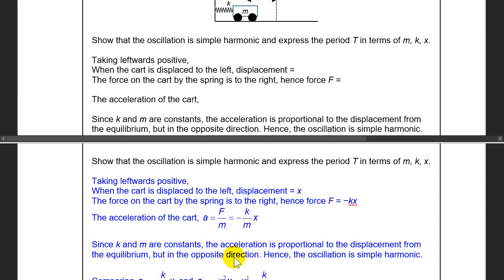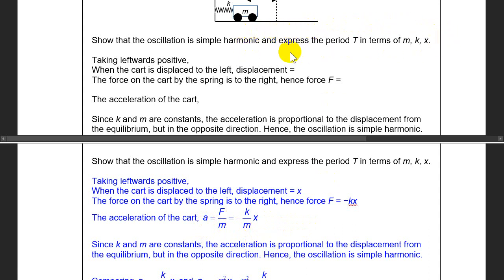Since it satisfies these two conditions, proportional and opposite, the oscillation is simple harmonic. That answers the first part of the question. All we need to do is work out the net force and then the acceleration, and see if the acceleration is proportional to x and opposite to x.